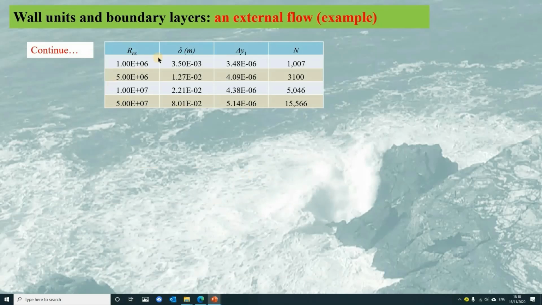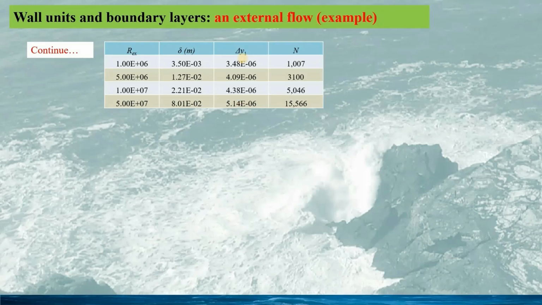So based on all these expressions for different Reynolds number from 1 million to 50 million, we can see the boundary layer thickness is increasing with the Reynolds number. And the unit wall distance delta y1 is increasing as well.